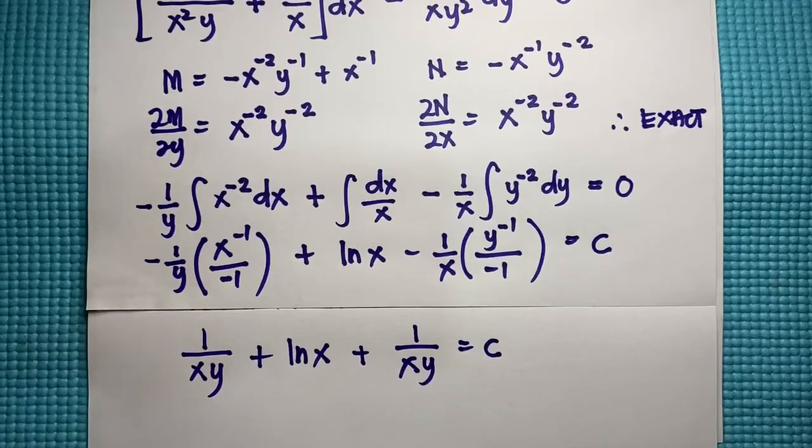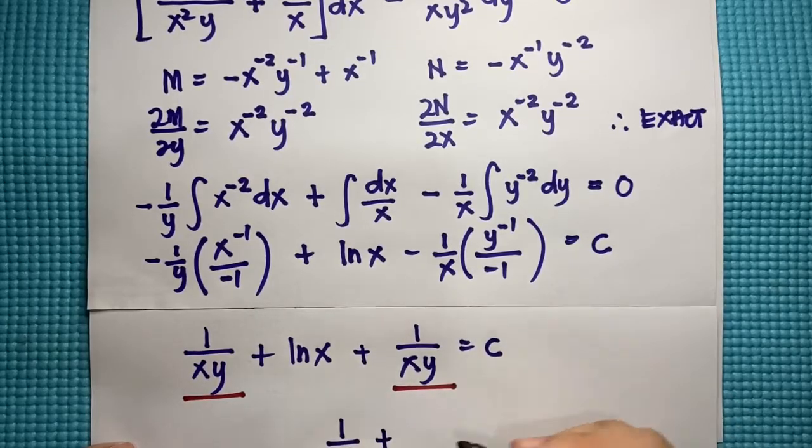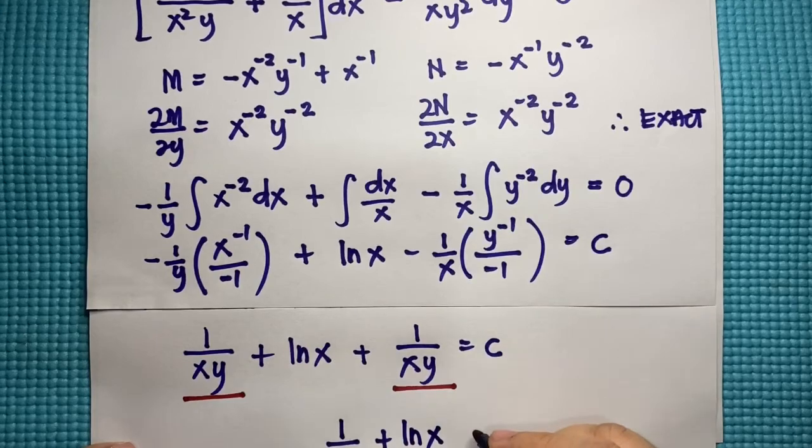So making 1 over xy and 1 over xy in the same group, that leaves us 1 over xy plus ln x is equal to c.